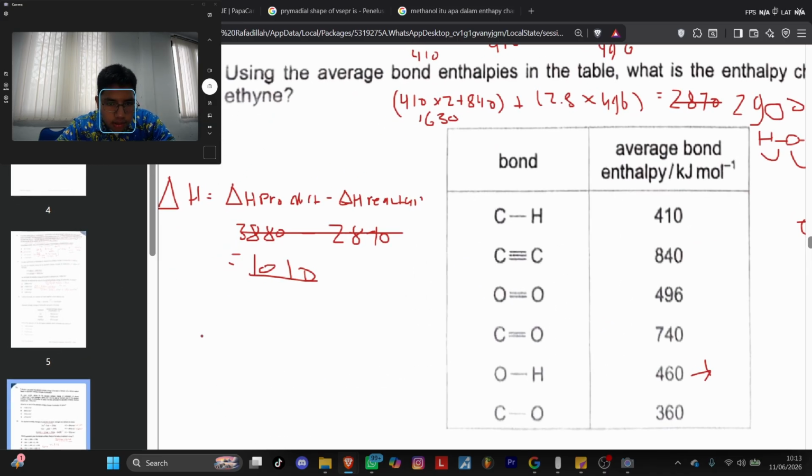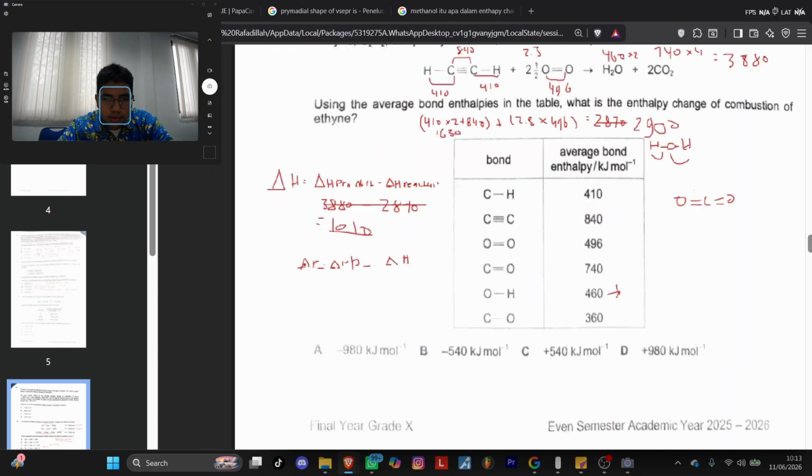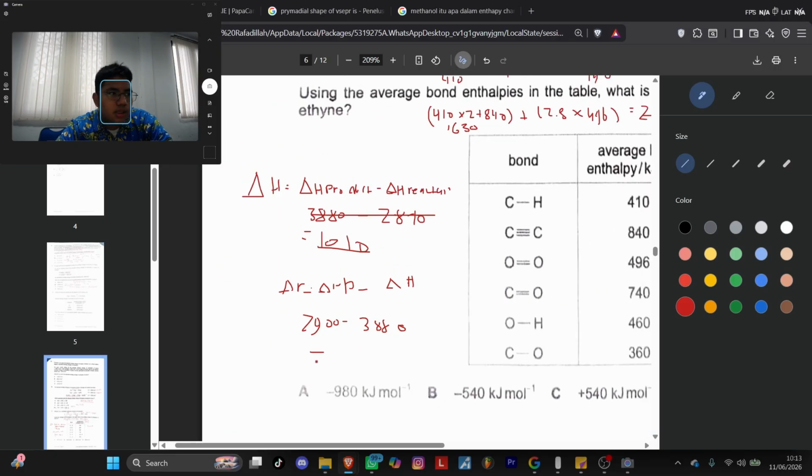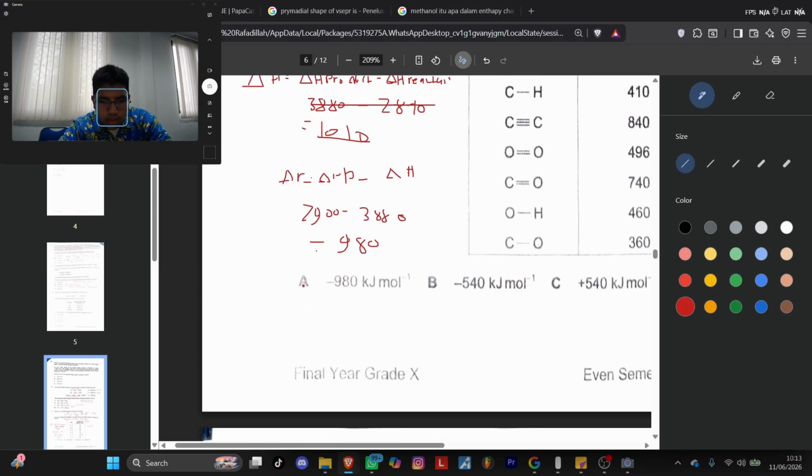So delta H reaction equals delta H product minus delta H reactant. Okay, so we want to search it like 2,980 minus 3,880, and then this equals minus 900, so the answer is A.